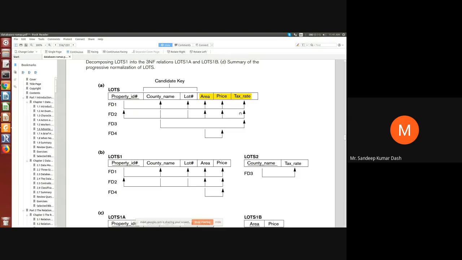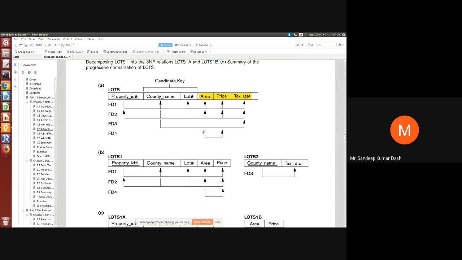These are non-prime attributes, also fully functional dependent on this one. That's why I said a dependency among non-prime attributes is not covered in 2NF, so no need to think of this one. You only think of how non-prime attributes are dependent on the prime attributes. So this case, dependency of a non-prime attribute on a non-prime attribute, also escapes in 2NF.